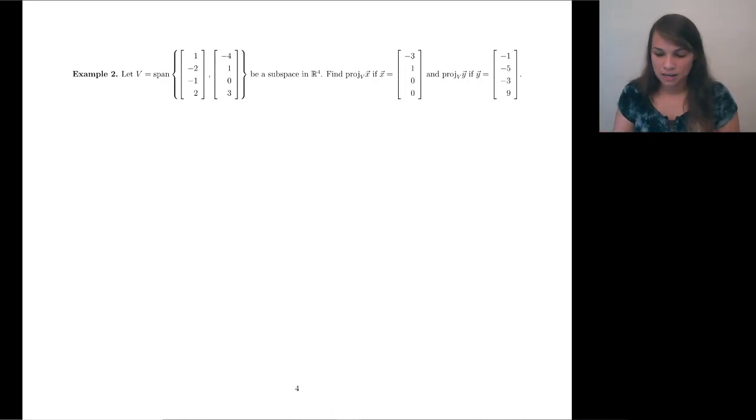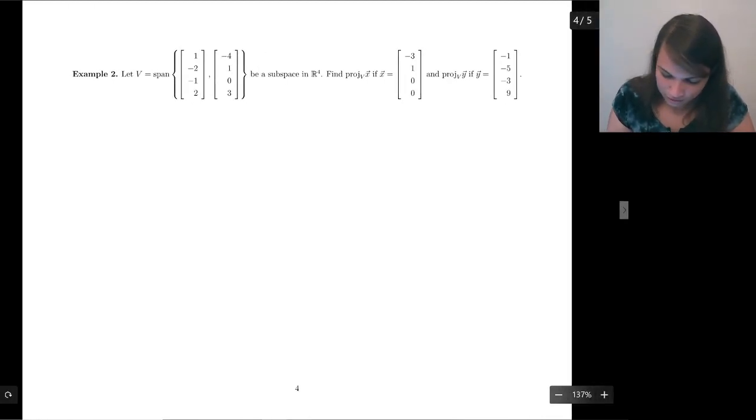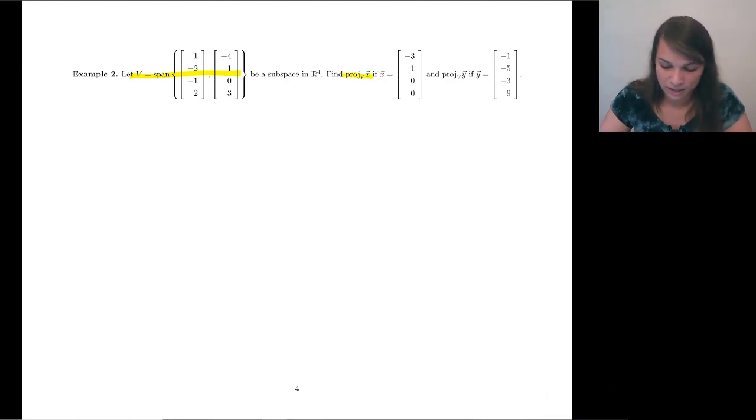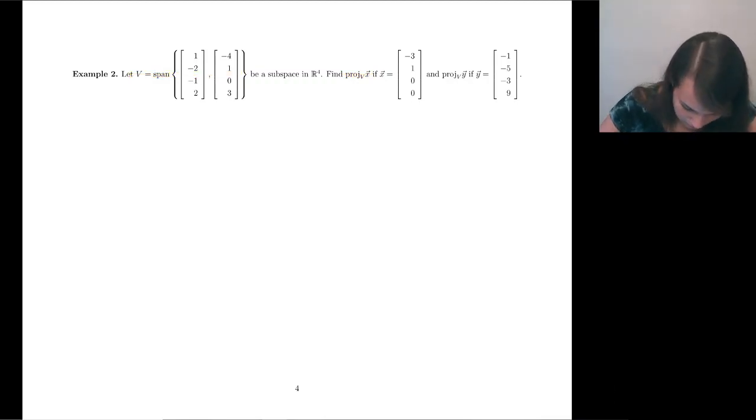Okay. So let's do this again, but for something where we don't know the outcome walking into it. All right, so now we have V is the span of these two vectors here, and then we want to find the projection of X onto our subspace V as well as Y onto our subspace V. So we're going to do two different ones, same problem. All right, lots of dot products are about to be taken. Let's do the projection of X onto V first.